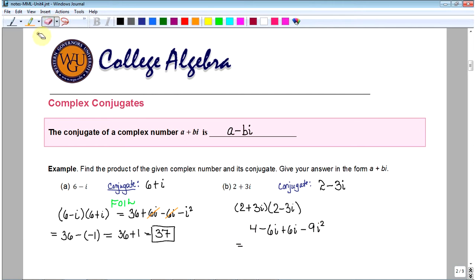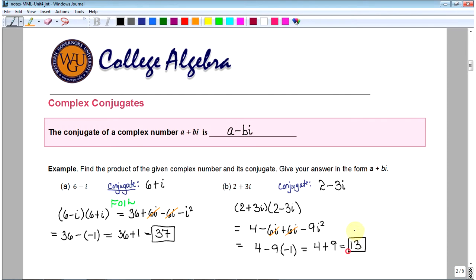The 6i's will cancel out in the middle, leaving us with a 4 minus 9. And remember, i squared equals -1, so we need to substitute that value back in. So this will give us a 4 plus 9, or 13.